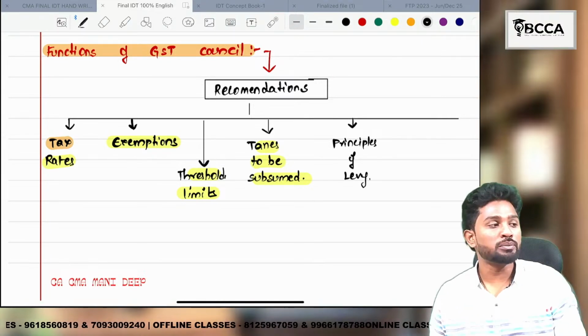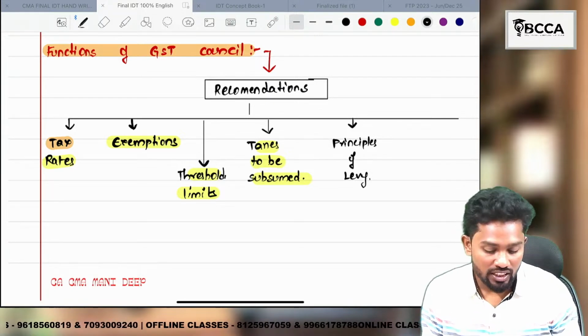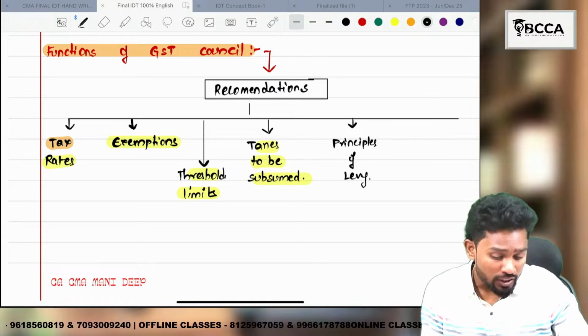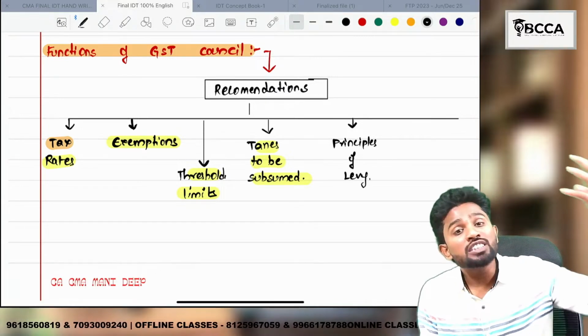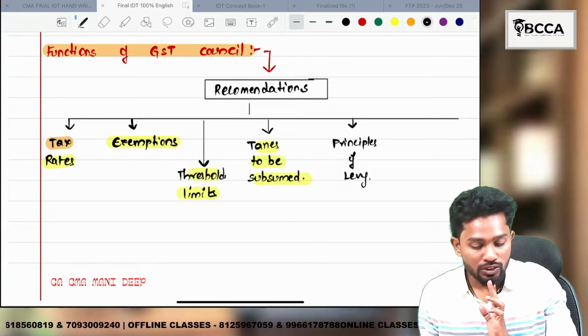The previous taxes: we have central sales tax, advertisement tax, luxury tax, doctorate tax, VAT, excise duty, entertainment tax, all of them are there. So out of them, which need to be subsumed, merged into GST, that is recommended by the council only.